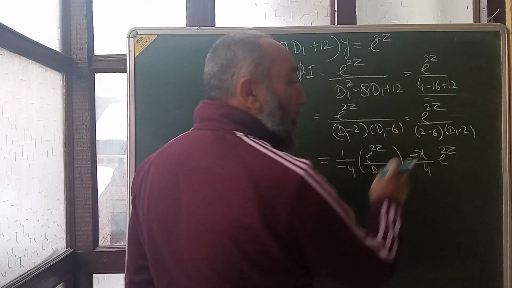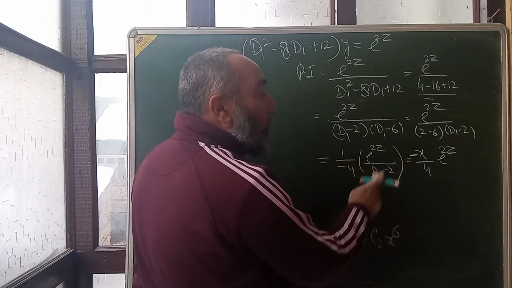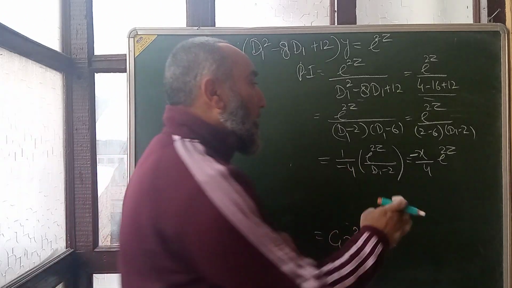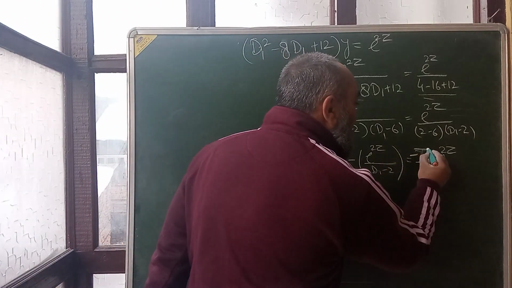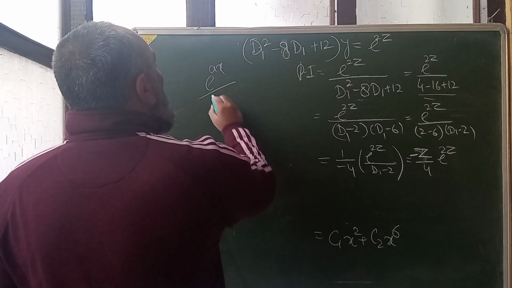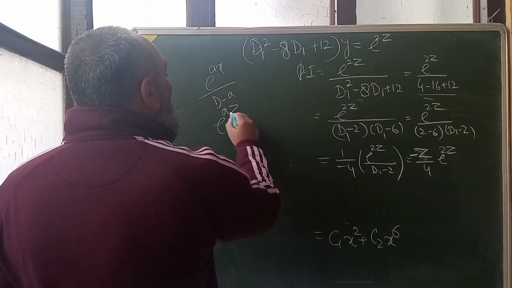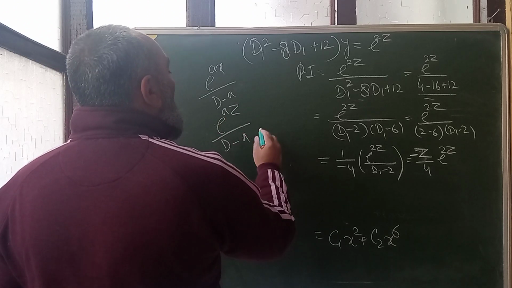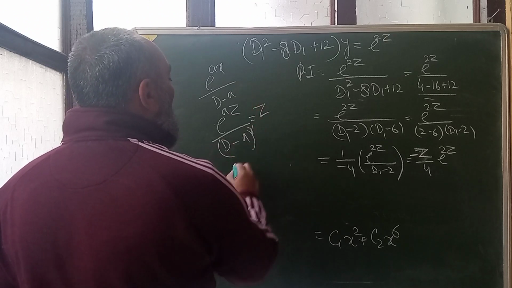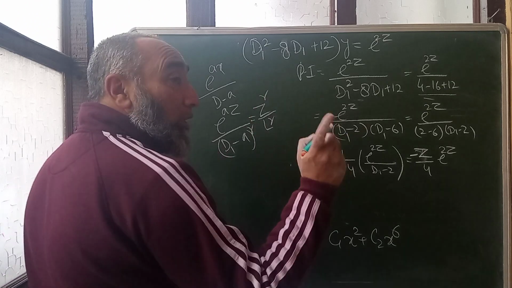See here, this is in terms of z, so you have to multiply by z only, not x. It was e to the power ax upon D minus a. It is e to the power az upon D1 minus a. So you have to multiply by z. If it is D minus a whole raised to the power r, or D1, then it is z to the power r by factorial r. Remember it once for all.